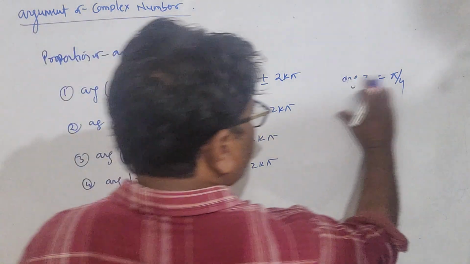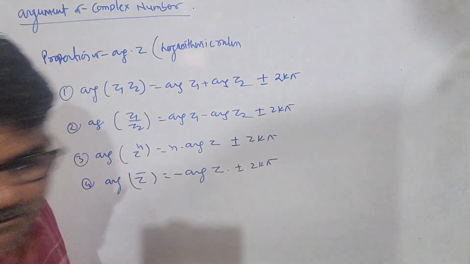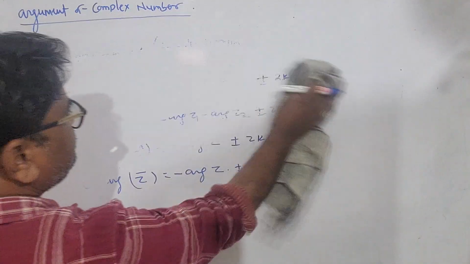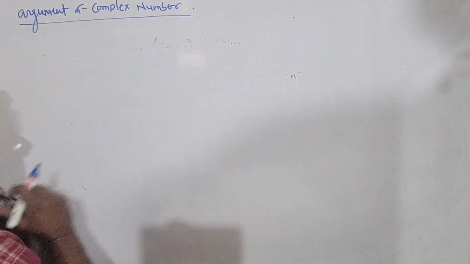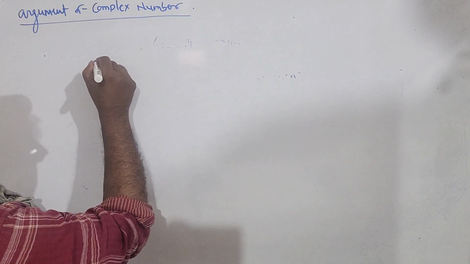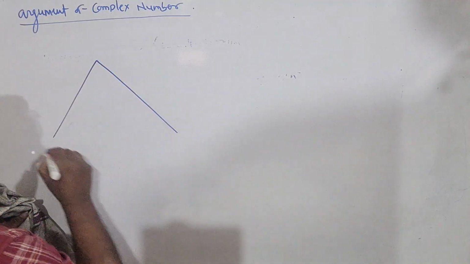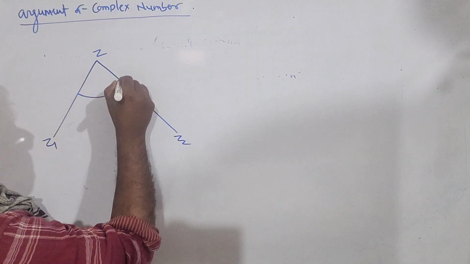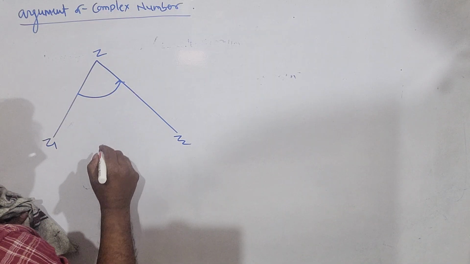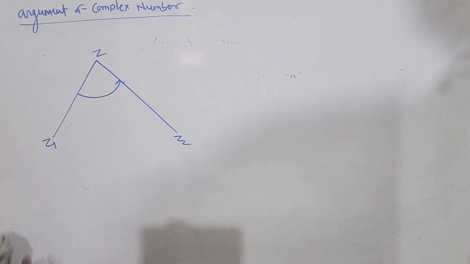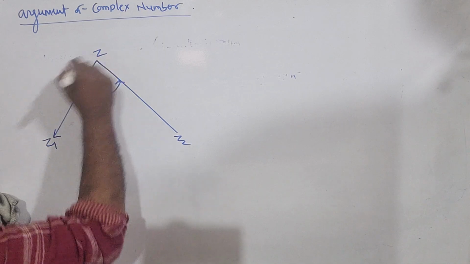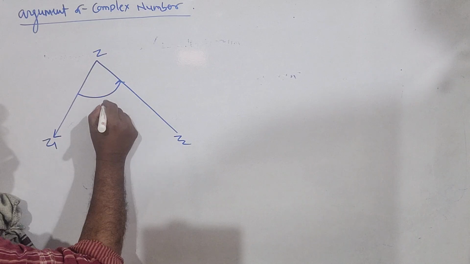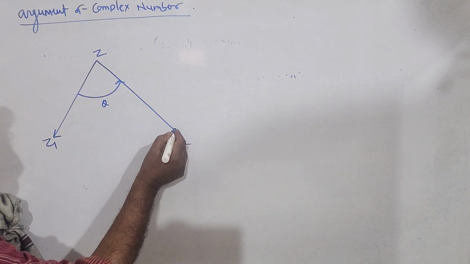And now coming to another important locus represented by the argument. Suppose there are these complex numbers Z1 and Z2, and this is Z, and this is the angle measured anti-clockwise. This ray turns anti-clockwise by this angle theta to get this ray.